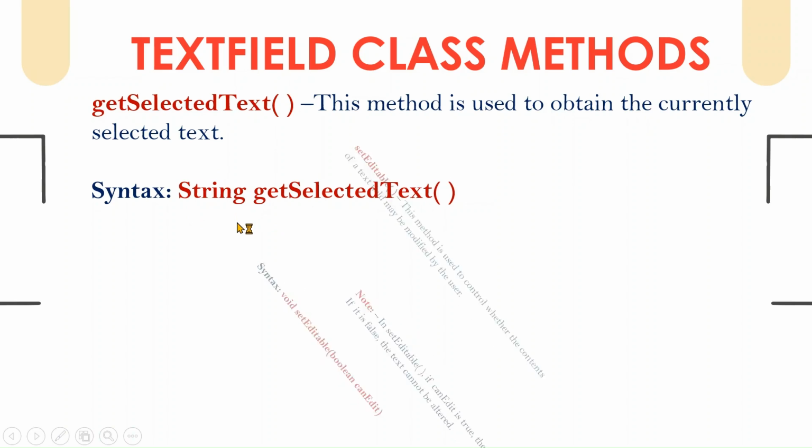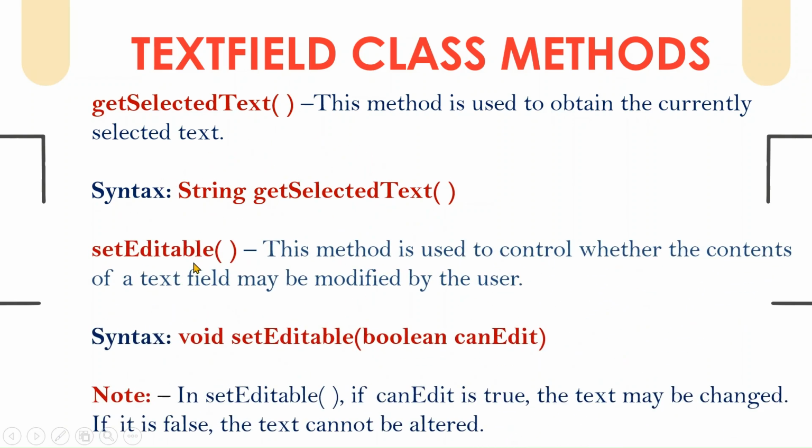This is the syntax. Now we have the setEditable method. This method is used to control whether the contents of a text field may be modified by the user, because sometimes we make the text box non-editable, so that it should not be modified. So you need to clearly mention the text field object dot setEditable of true. If you write true, then we can modify. If you write false here, it is not modified.